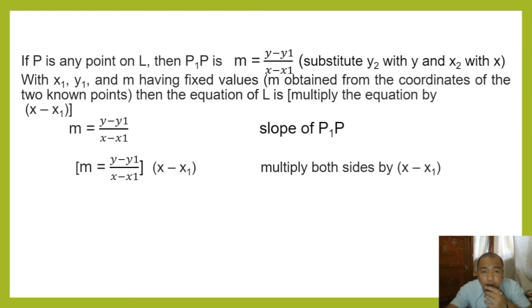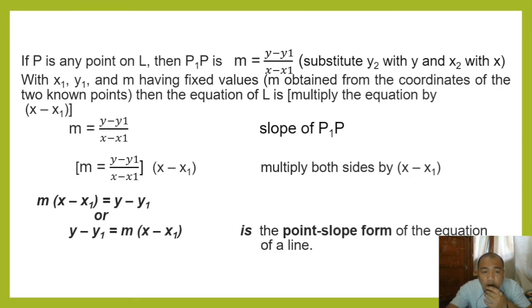Then we have m times x minus x sub 1 equals y minus y sub 1, or y minus y sub 1 is equal to m times quantity x minus x sub 1, is the point slope form of the equation of the line. So that is the derivation of the point slope form of the straight line or linear equation, where m is the slope and x sub 1, y sub 1 are the coordinates of the given point.